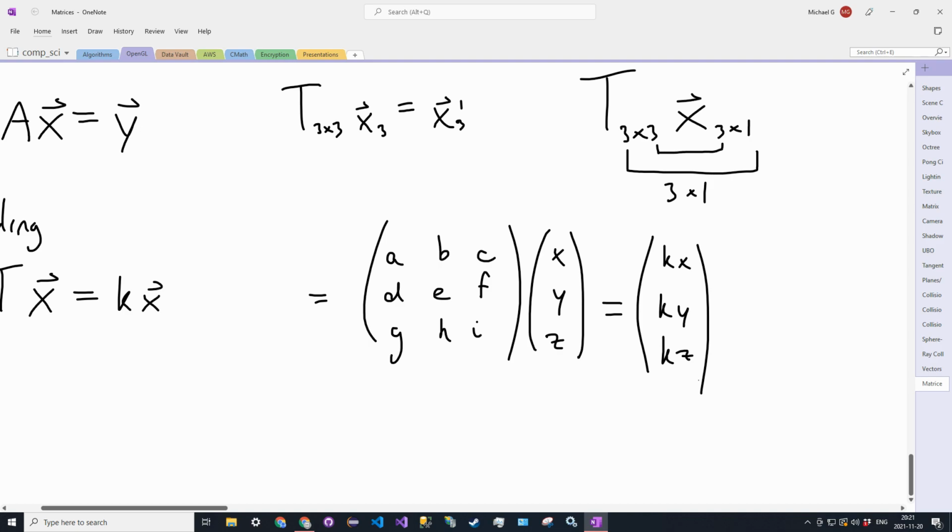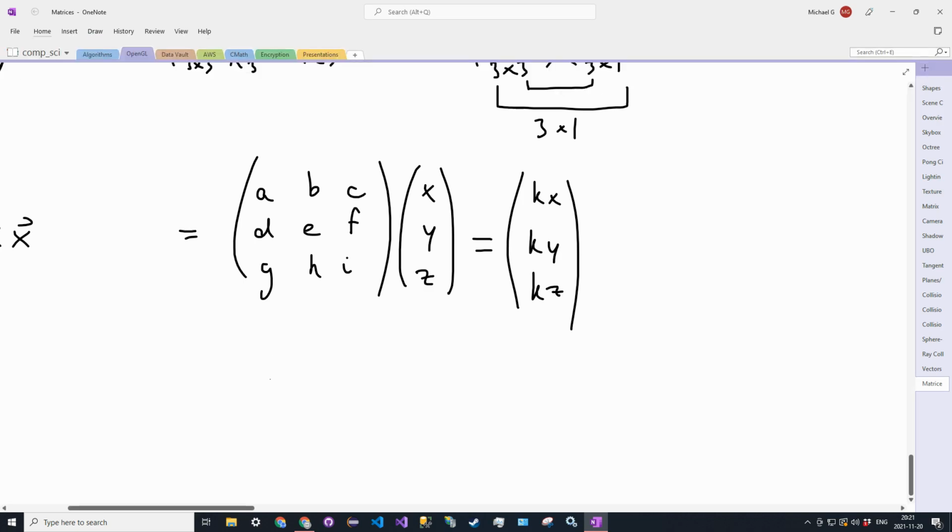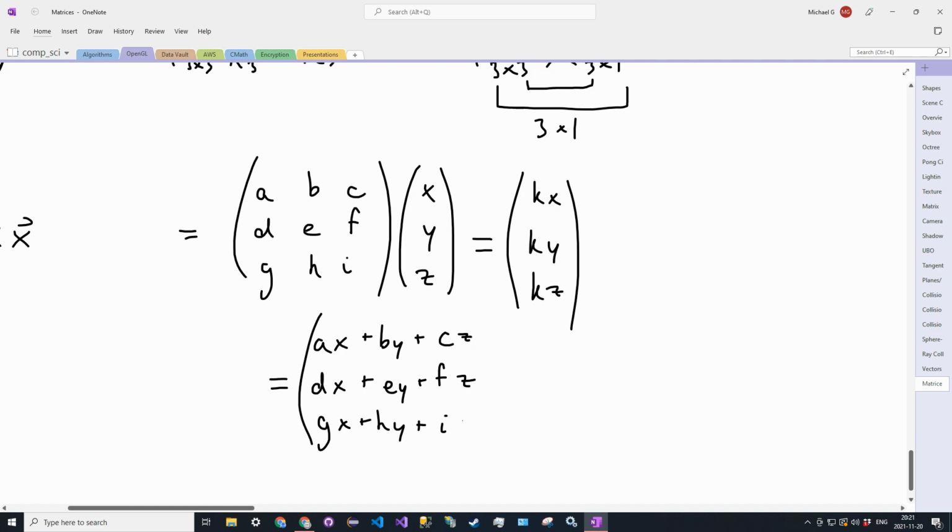If you expand this matrix vector multiplication here, you will find that we're going to get ax plus by plus cz in the top, then dx plus ey plus fz, and then gx plus hy plus i times z.